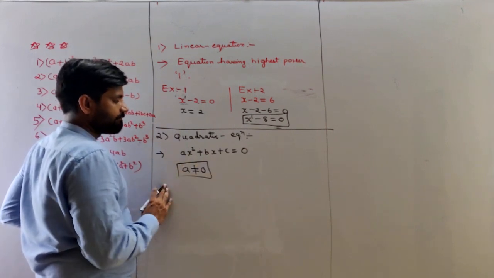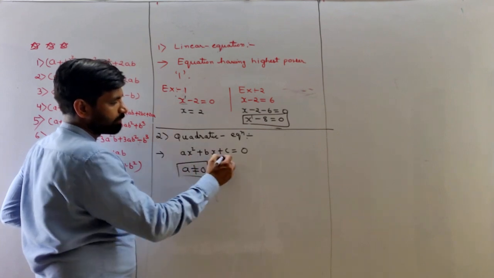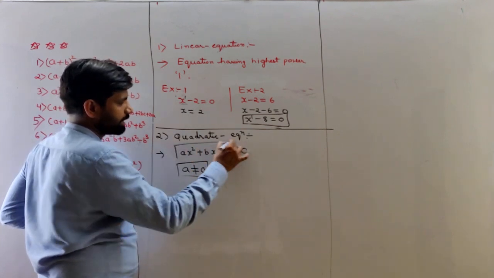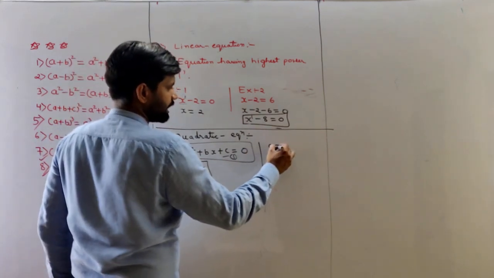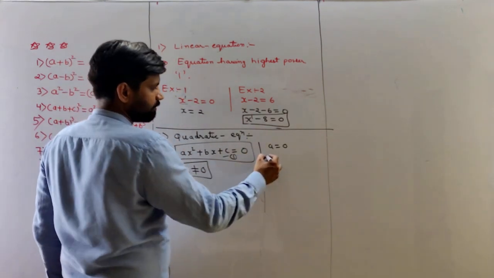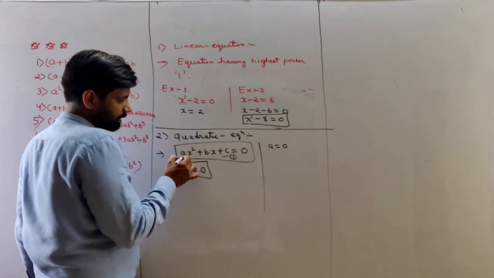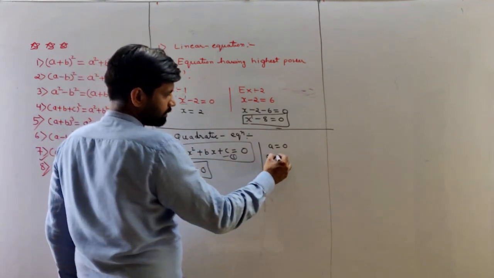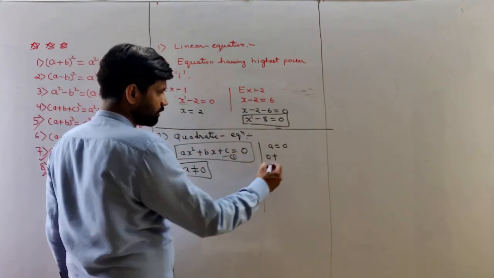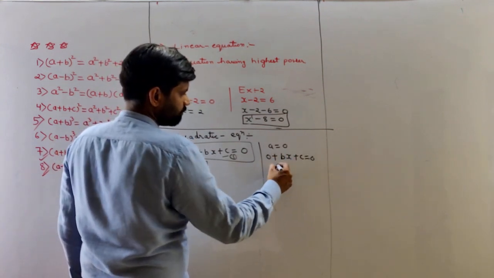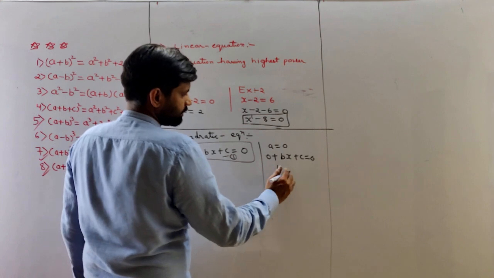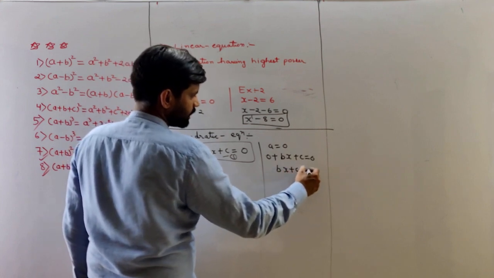If we put a = 0 in equation 1, then a·x² becomes 0, and we get bx + c = 0.